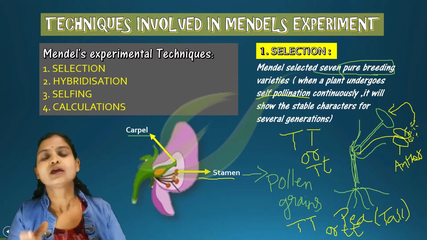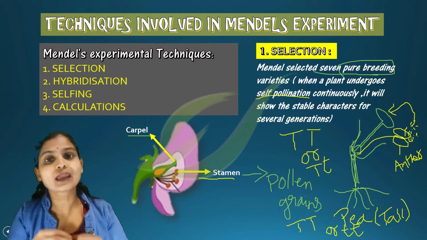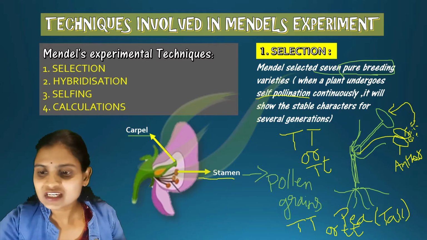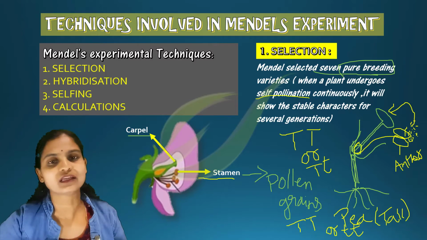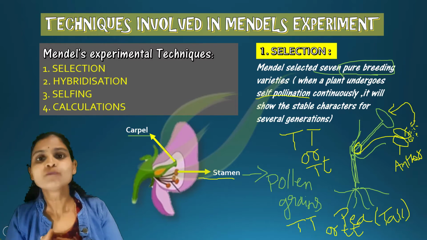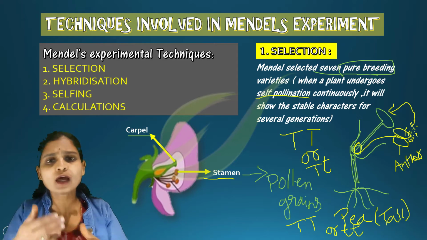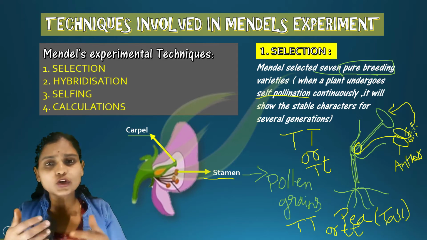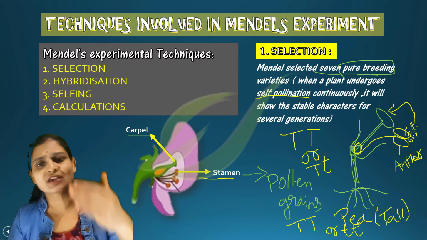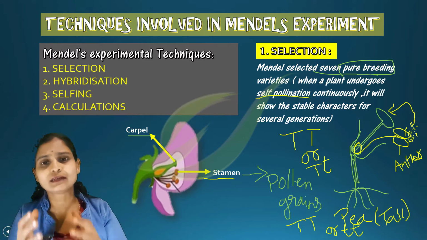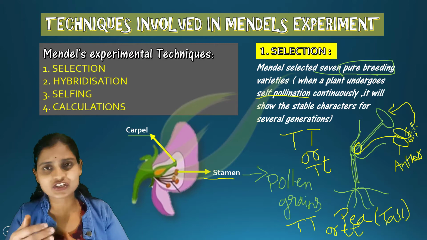Then fertilization will take place. The genes of this pollen grain and the genes present in the egg will undergo fusion. Like this, he continued for several generations. For 6 to 7 generations, he did self-pollination.